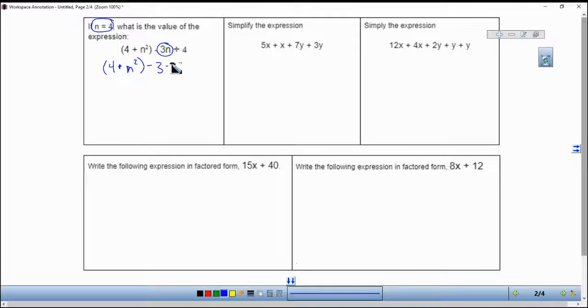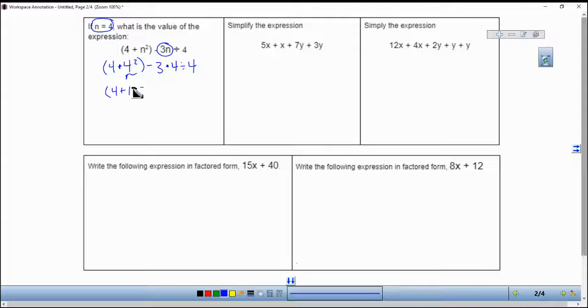So 3 times n divided by 4. Whoop, forgot to substitute the n there. There we go. All right, so what do we do first? Parentheses. We look in the parentheses, we see there's adding and there's an exponent, so we'll have to do the exponent first. So it's going to be 4 squared, which is 16.